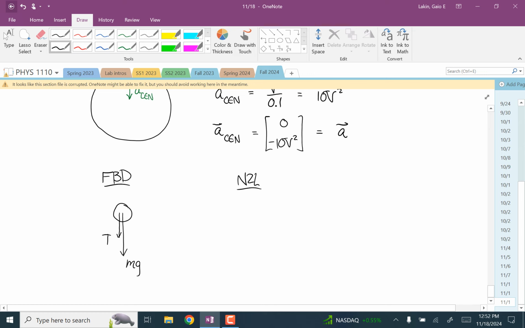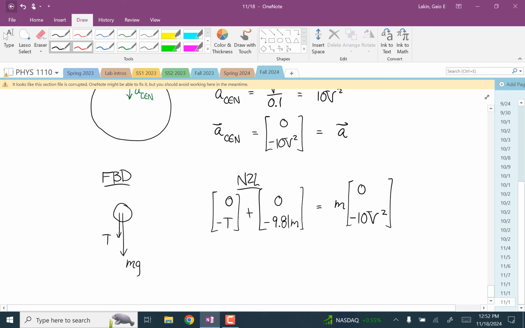So this says 0, negative T, plus 0, negative, I'll write this as 9.81 m, is equal to the mass times the acceleration, and we're going to assume that this T is equal to 0.